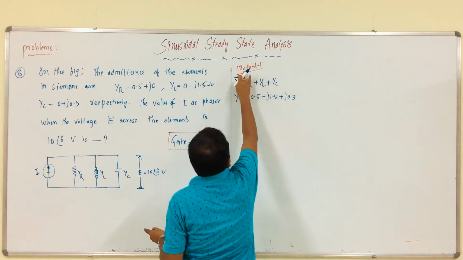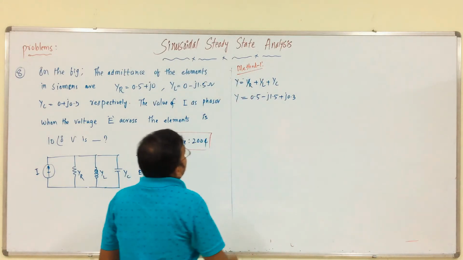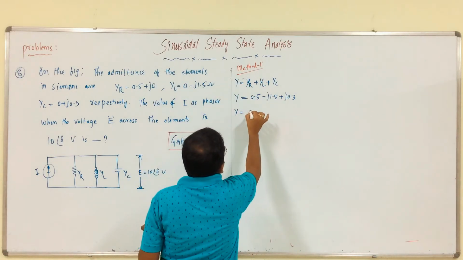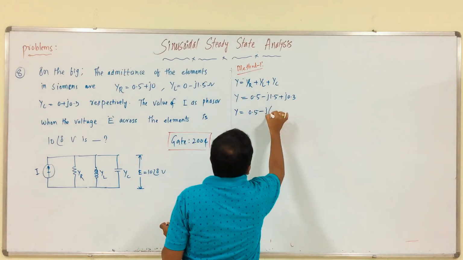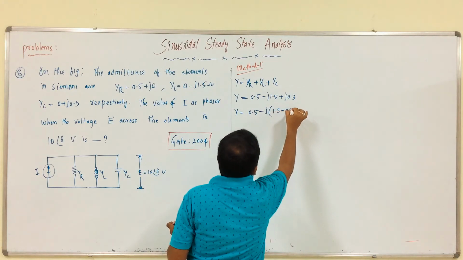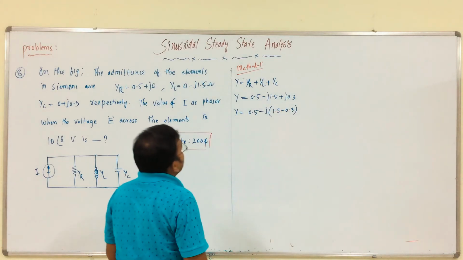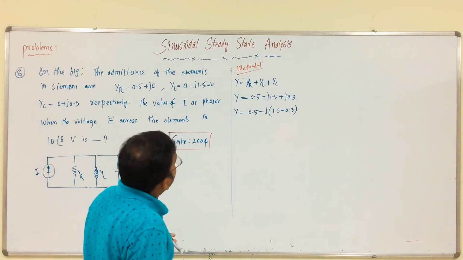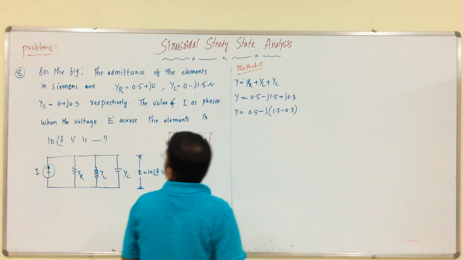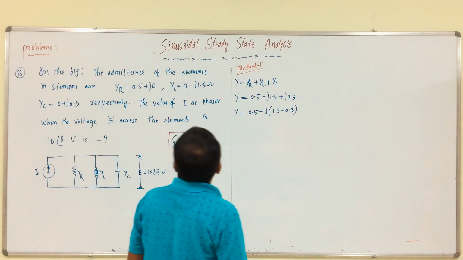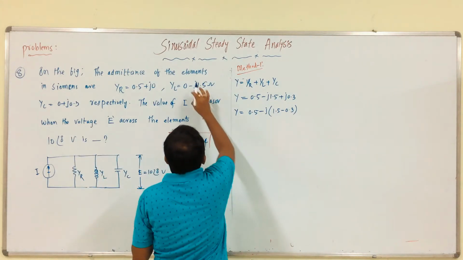So these are not vectors, sorry, this is about Y. From this, Y is equal to 0.5 minus j, we can write 1.5 minus 0.3. Here YC is a positive value, right, YC is 0.3, plus jBL.